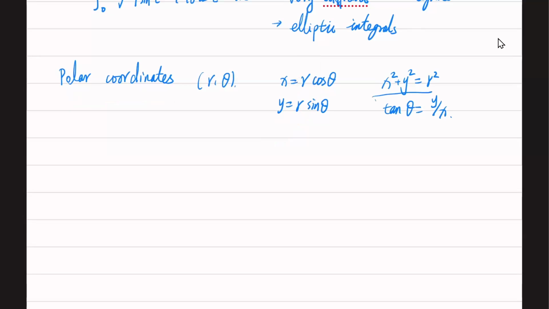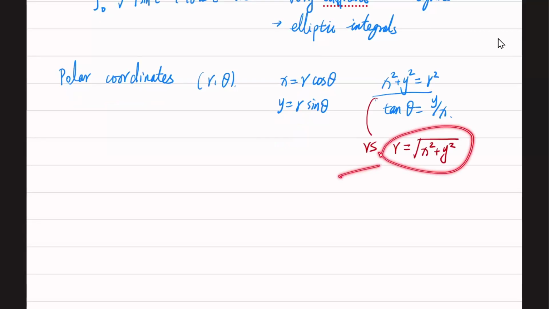Let me use a different color. If we use this convention, r cannot be negative. If we use this convention, r is allowed to be negative. It just goes in the opposite direction.